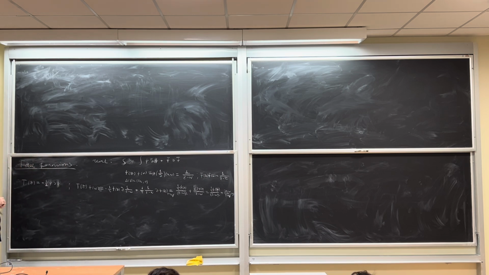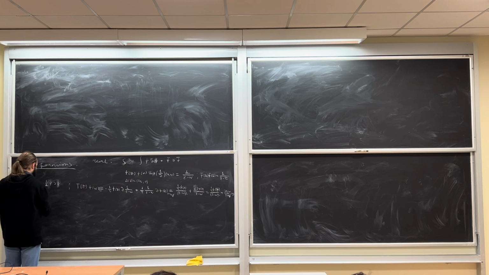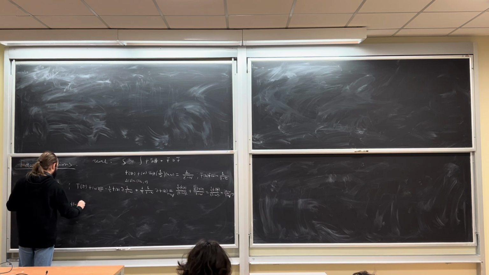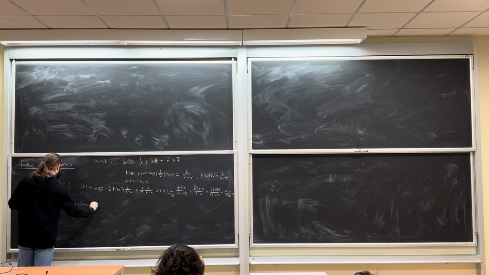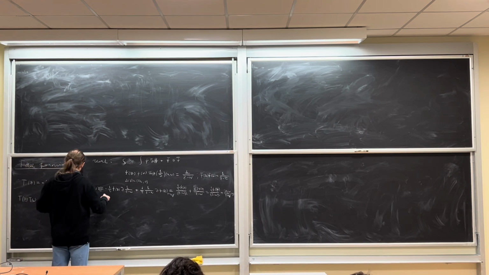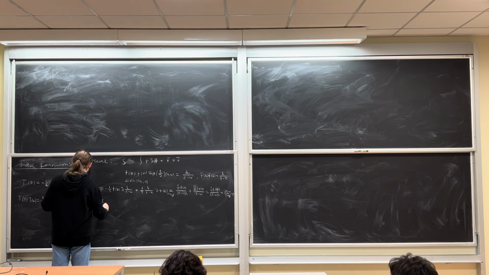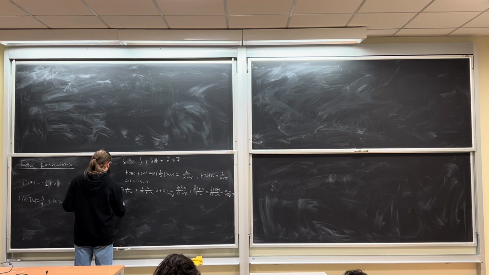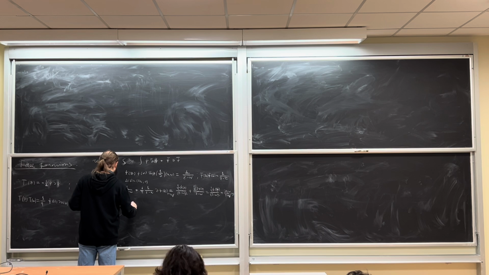And if we want to compute the central charge, we should compute the OPE of T of z with T of w. So it is 1/4, and then psi of z, d psi of z, psi of w, d psi of w. So it is minus 1/4, 1 over z minus w, d psi of z, d psi of w.